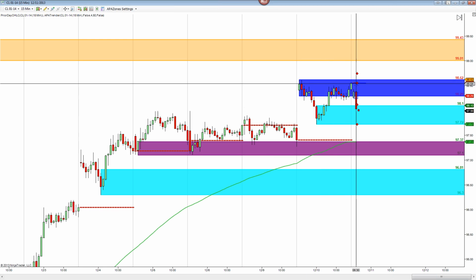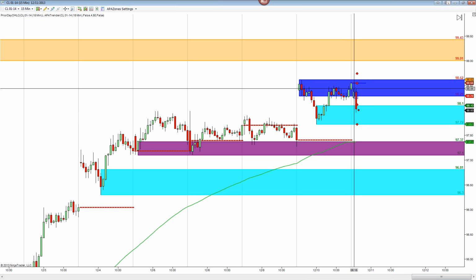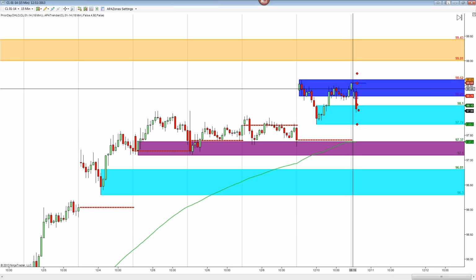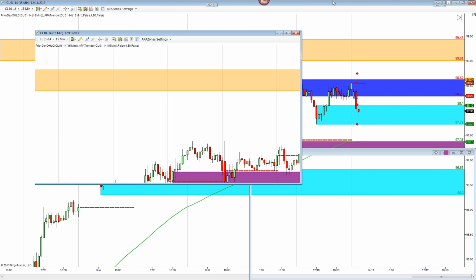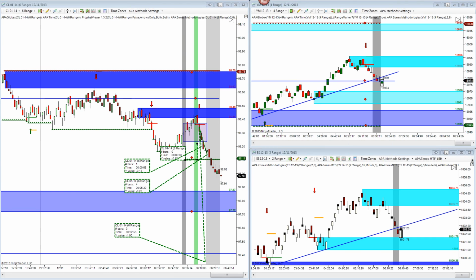The gap fill or gap closure, because this is the close of yesterday, would have been up here, and we just didn't really get up there. We touched kind of the open of that 15-minute candle, and that's really where we got the drop from. So now we're into the next 15-minute zone on the RTH chart.